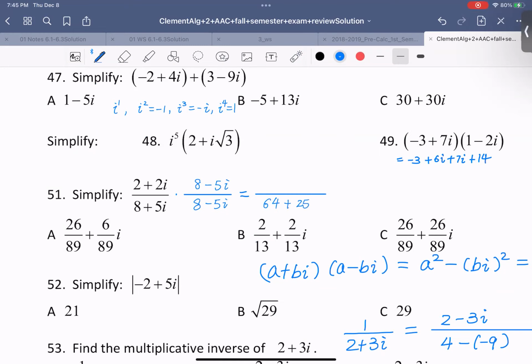Very good. Go ahead, the top. The top is 16 plus 16i minus 10i plus 10i squared, which is minus 10. Good.